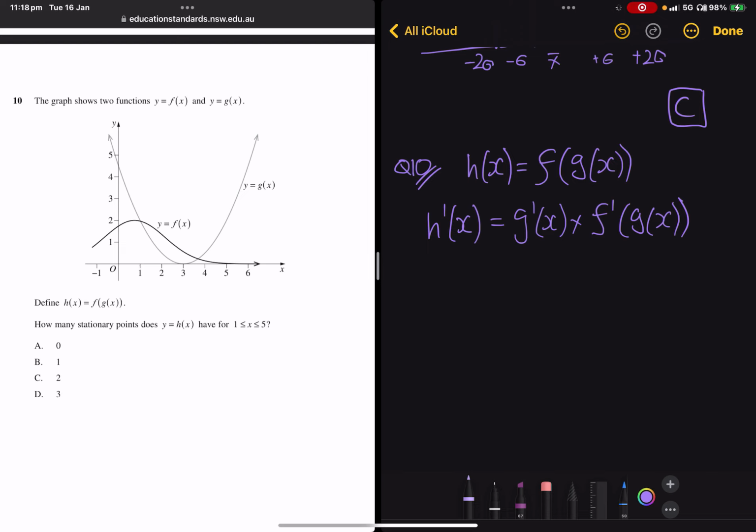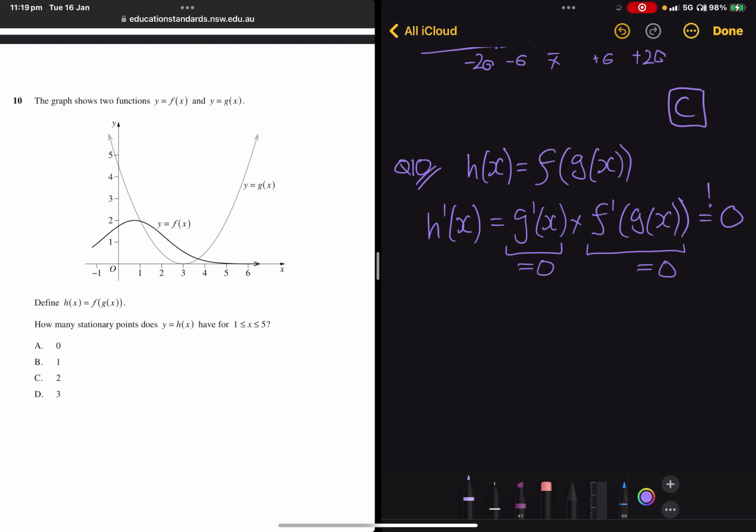If we're looking for stationary points, this needs to be equal to 0. So this is our condition. Now this only happens two ways. 1, g prime of x has to be equal to 0, or 2, f prime of g of x has to be equal to 0. So g prime of x equals 0 means that the slope of the tangent of g of x is 0.